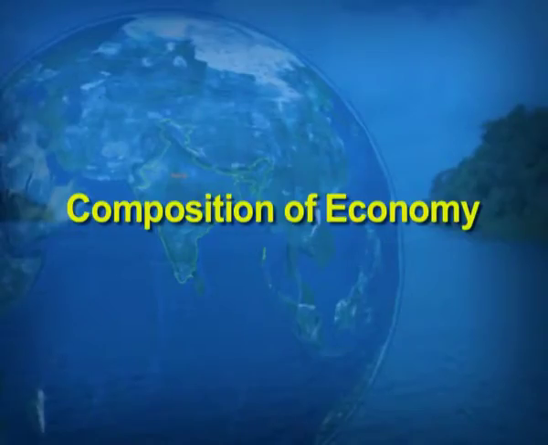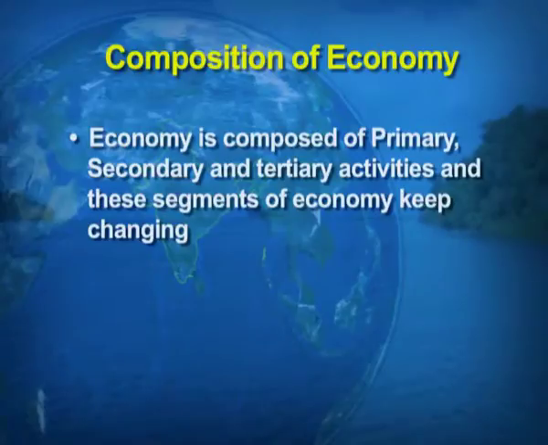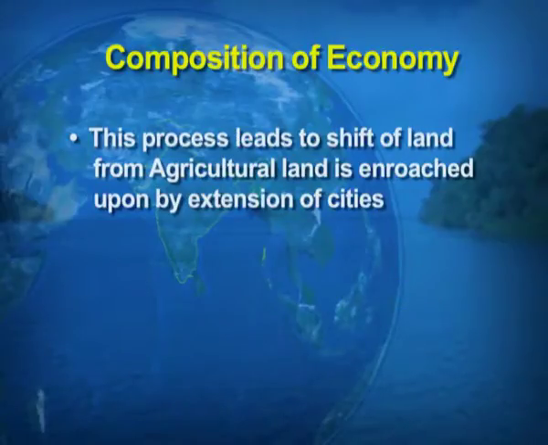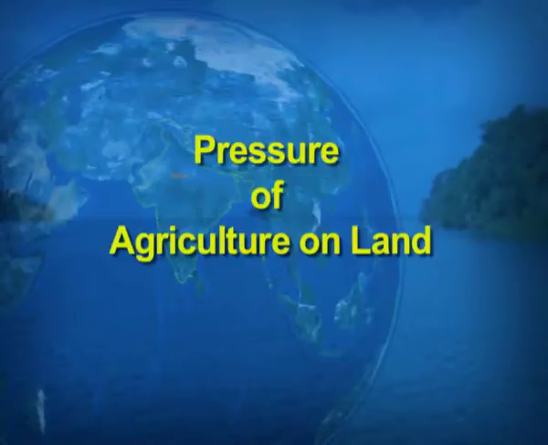Second factor is the composition of the economy. Economy is composed of different types of activities: primary, secondary and tertiary. And secondary and tertiary activities grow much faster than the primary activities, and this process leads to the shift of land from agricultural to non-agricultural use.